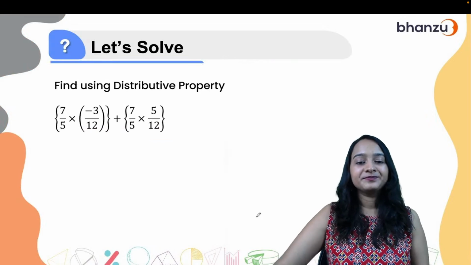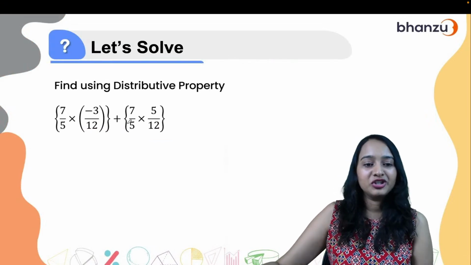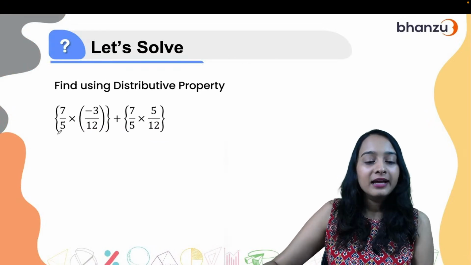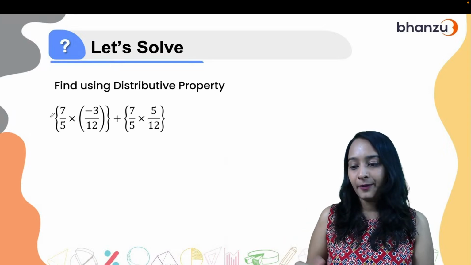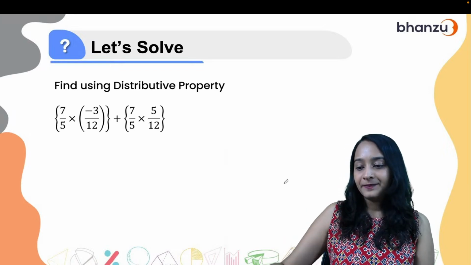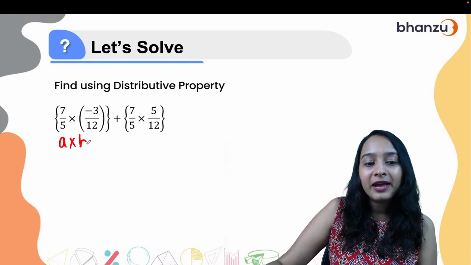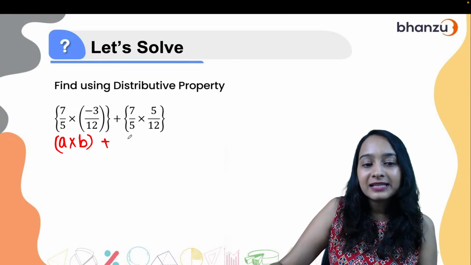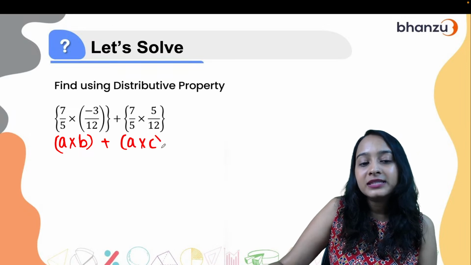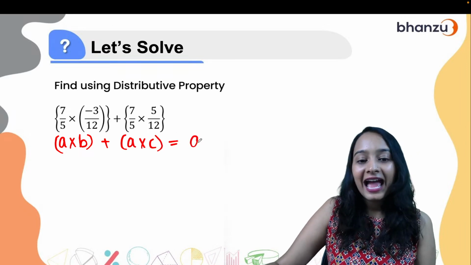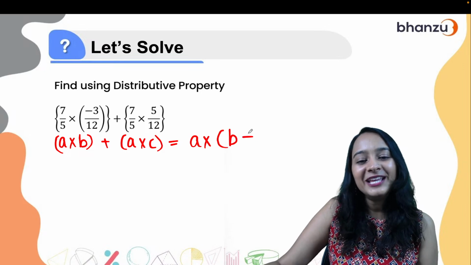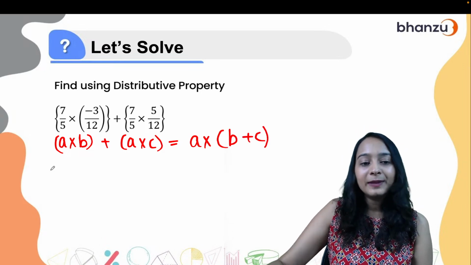All right. Let us solve a quick question here. Now, you have to solve this using distributive property. Good evening, Shiv Kumar. Now you can see it is of the form A multiplied with B plus A multiplied with C, which I can write as A multiplied with B plus C. That's what I'm going to do.